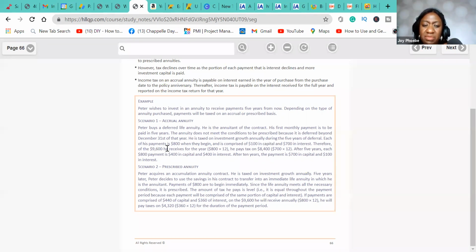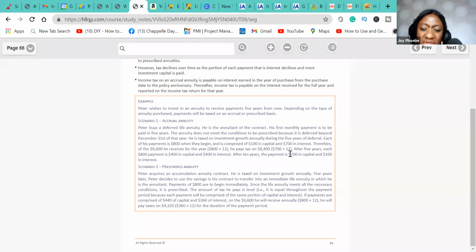Each of his payments is 800 when they begin, and it comprises 100 in capital and 700 in interest. Therefore, of the 9,600 he receives for the year, 800 times 12, he pays tax on 8,400.